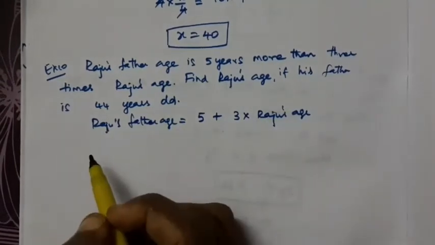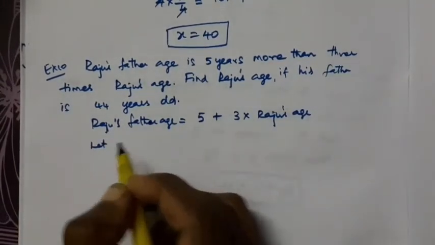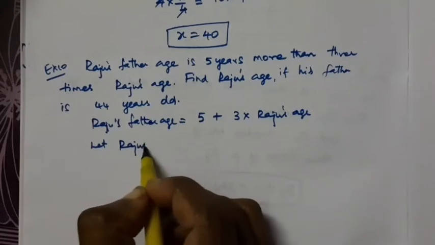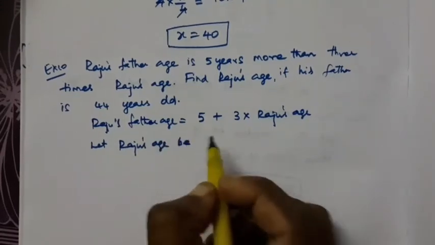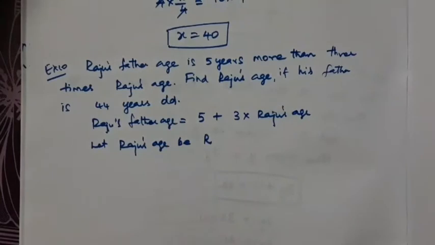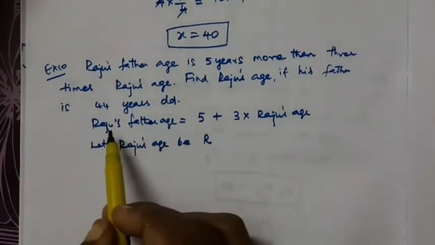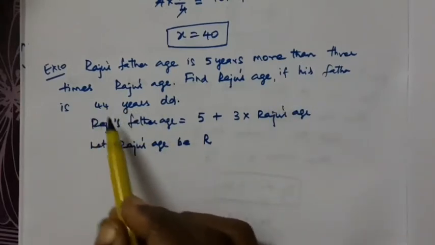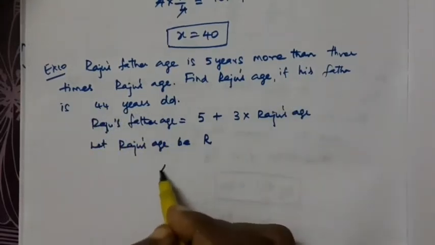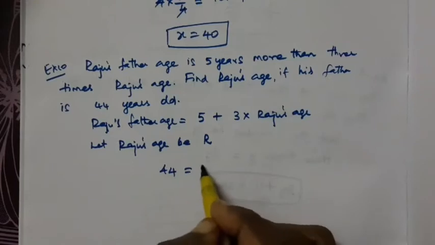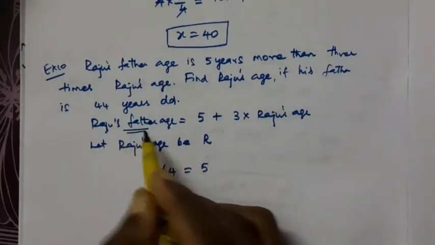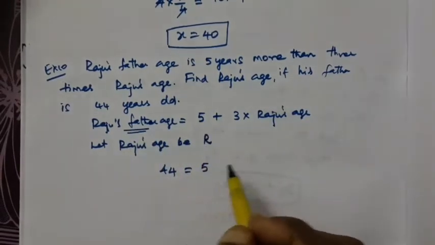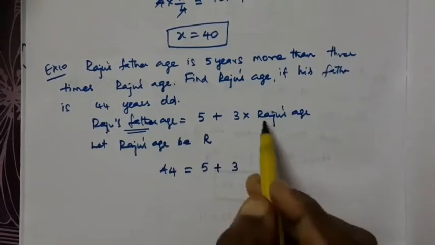Next, let Raju's age be R. Now what is Raju's father's age? His father's age is 44 years, so 44 equal to 5 plus 3 times Raju's age.